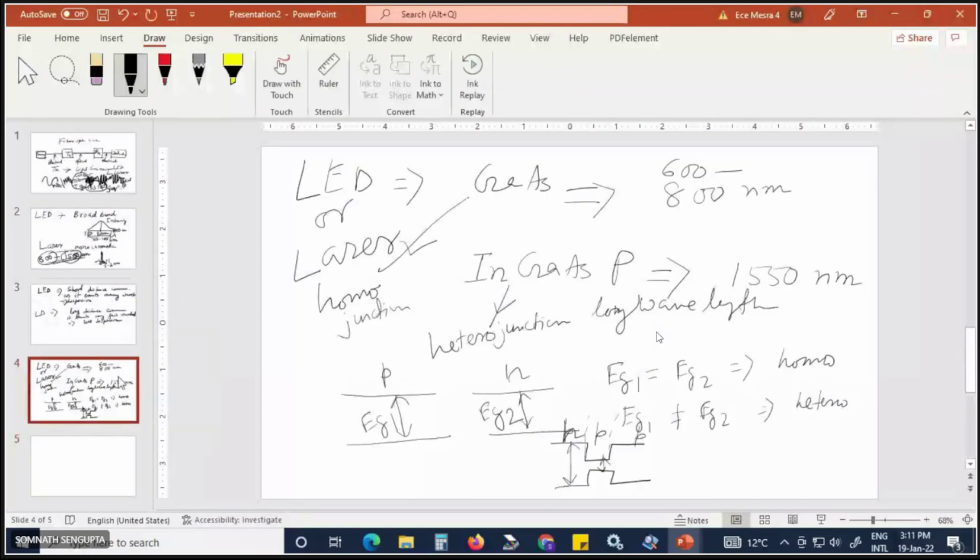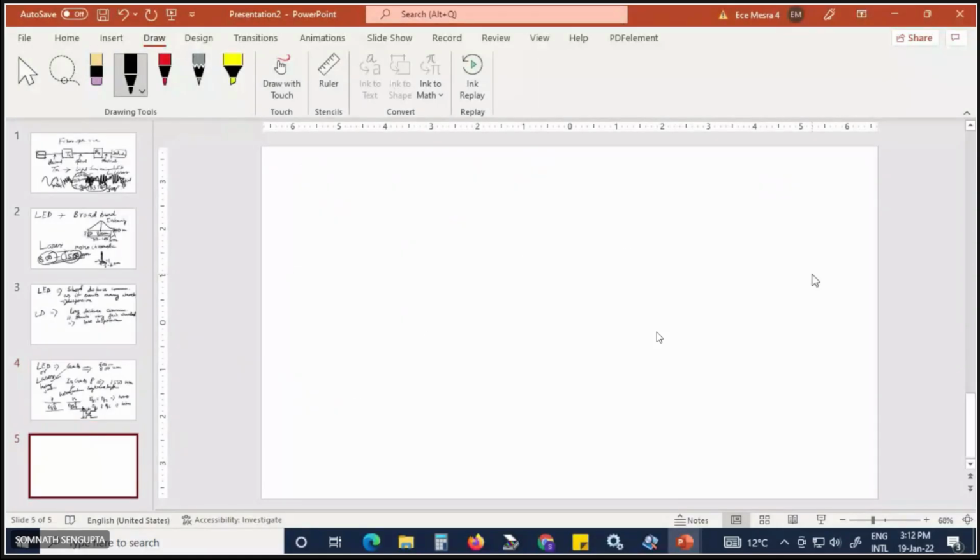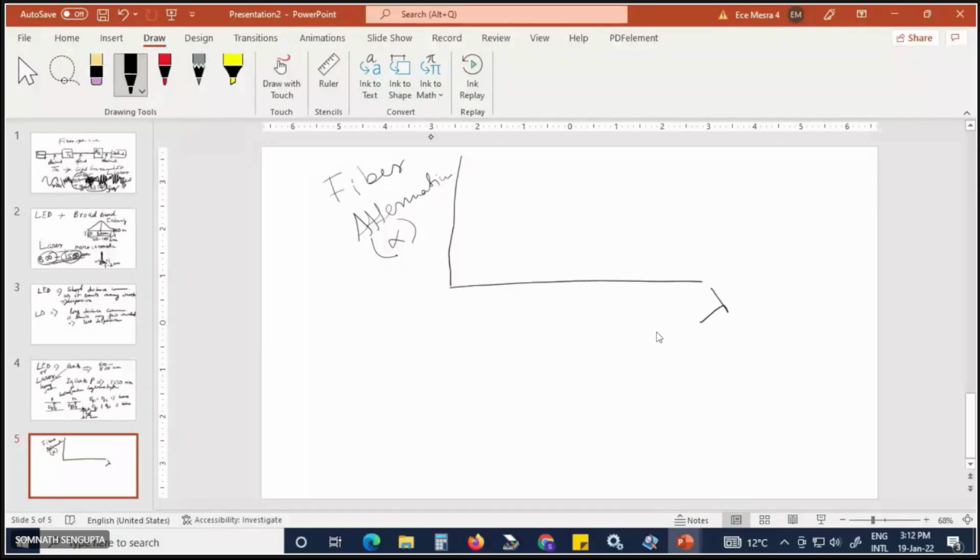So why do we talk about this? Because of the property of optical fiber. If you see the characteristics graph, that is fiber attenuation, alpha versus lambda, in dB per kilometer.